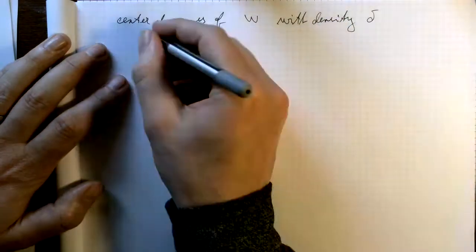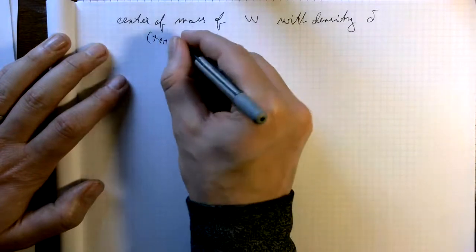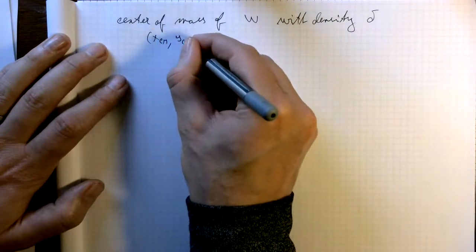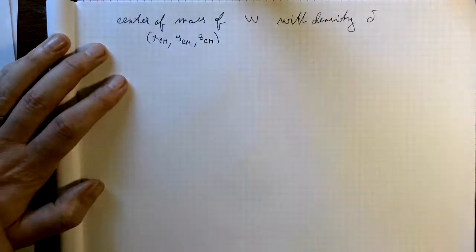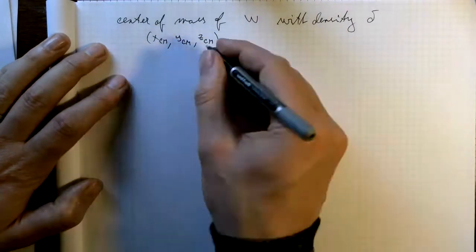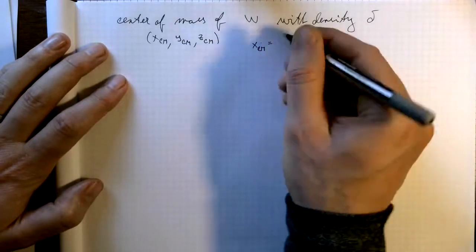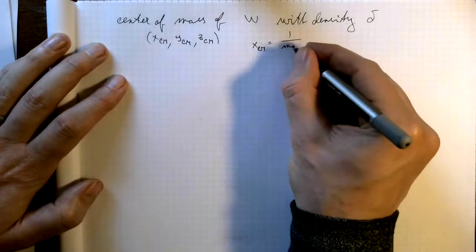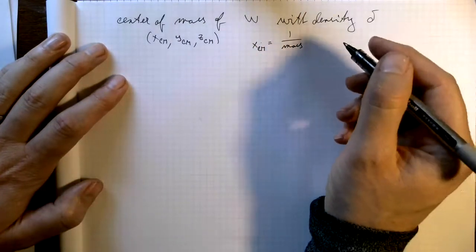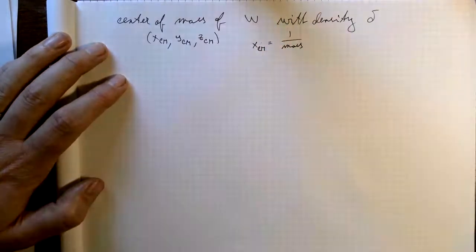Well, let's write this: x sub cm, y sub cm, and z sub cm, right? It's some point, right? And we have that x sub cm is equal to, what's the average? If it was average with respect to volume, we'd do 1 over volume. This is going to be average with respect to mass.